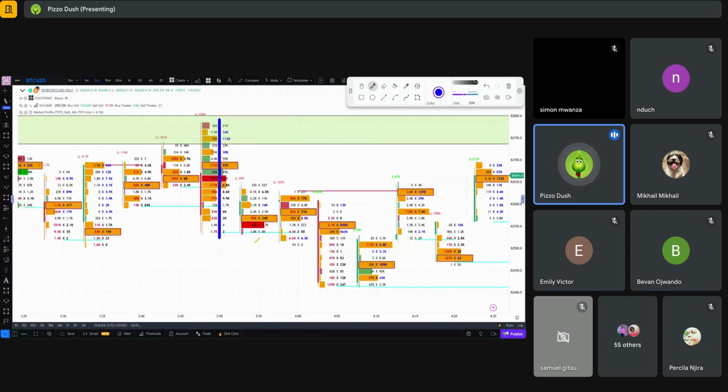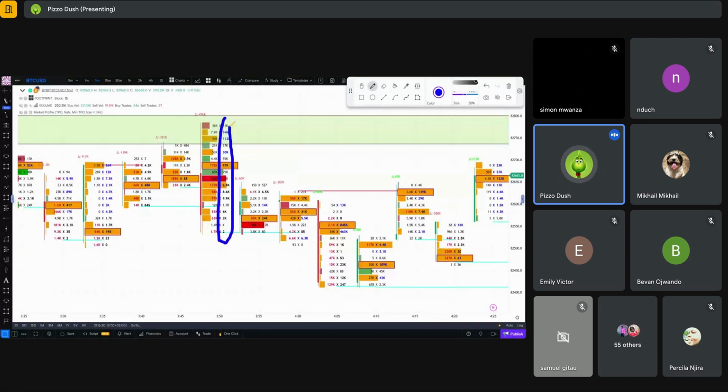You can use your eyes or use something called delta. But by clearly looking at this, you can see on the sellers' side there are a lot of sellers. So for example, 1,000 by 2, 1,000 by 4, 63,000 by 2, 53,000 by 6K, 12,000 by 1K, 97,000 by 9K, 98,000 by 8K, 177, and so on. On our side there are many sellers compared to buyers on the other side.